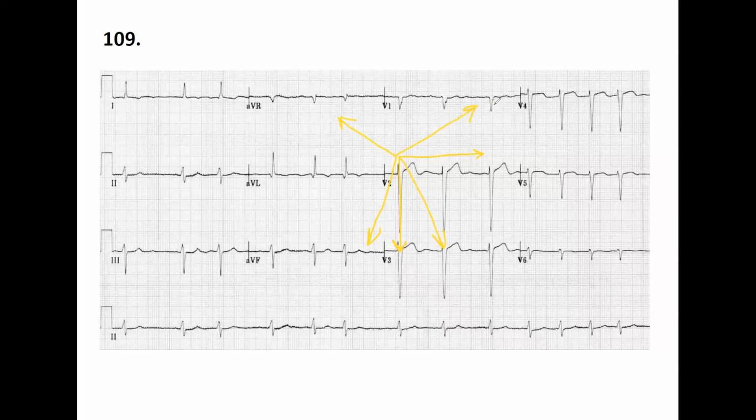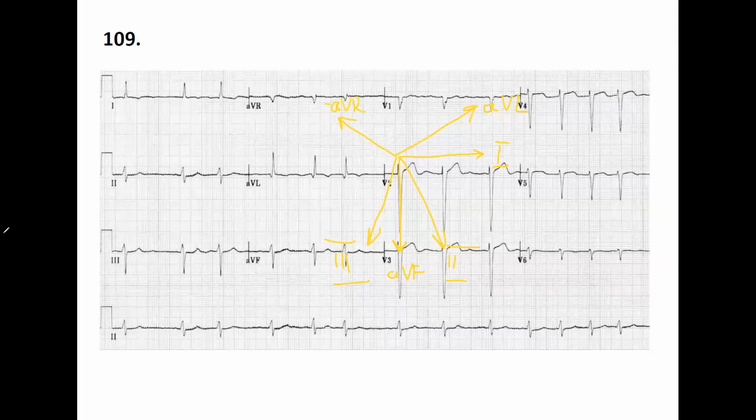That's fine. Okay, I will draw the leads, the hexaxial system. This is what you should know by heart, basically. This is AVL. This is lead number 1. This is lead number 2. This is AVF. This is lead number 3. And this is AVR.